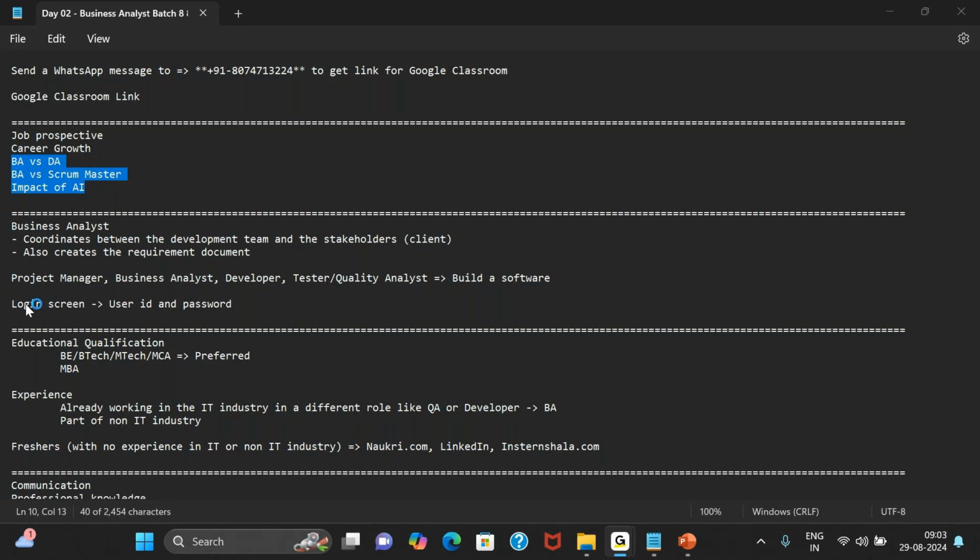So if you are a complete fresher, it is okay to go for internship oriented programs. But if you are not a complete fresher and are looking to switch into BA, then internship programs may not be relevant.